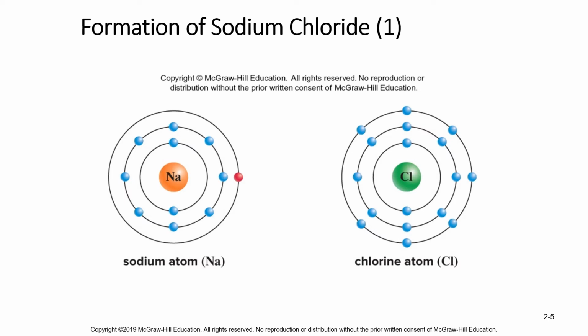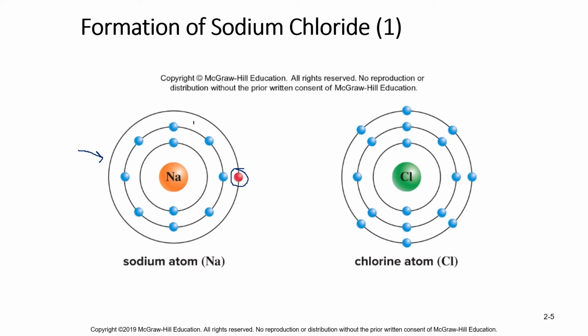Alright, so let's talk about sodium. Sodium is in period 3 in group 1. So it has 3 electron shells and 1 lonely electron in its valence shell. It needs 7 whole electrons to fill that valence shell.